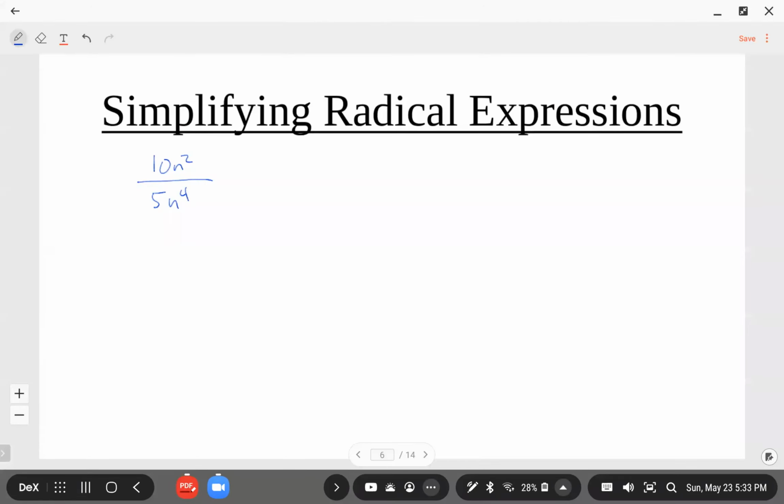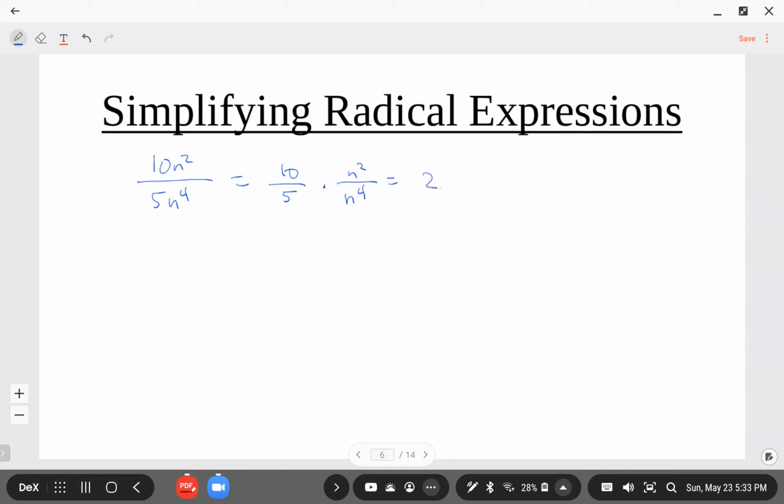So how do we do this? Okay, to clarify, let's just split this into two fractions, two radical expressions. It's basically 10 over 5 times n squared divided by n to the fourth power. So what do we have here?